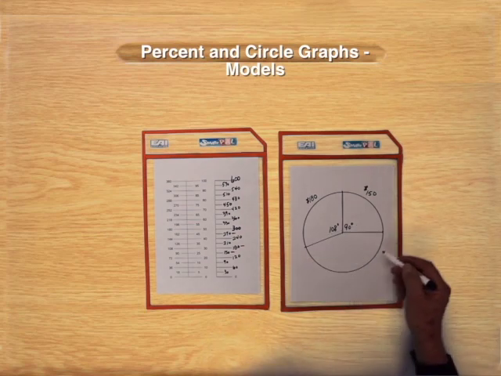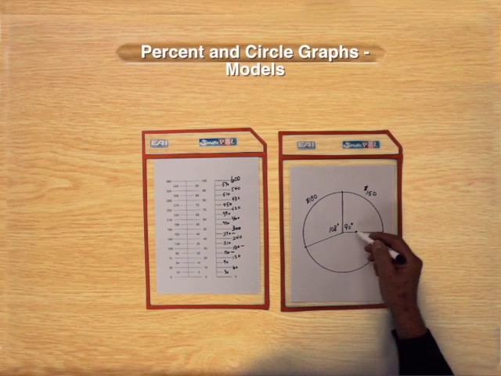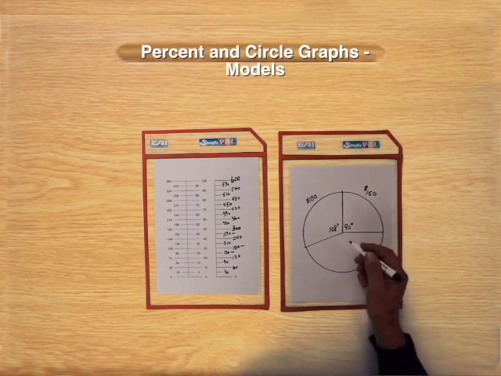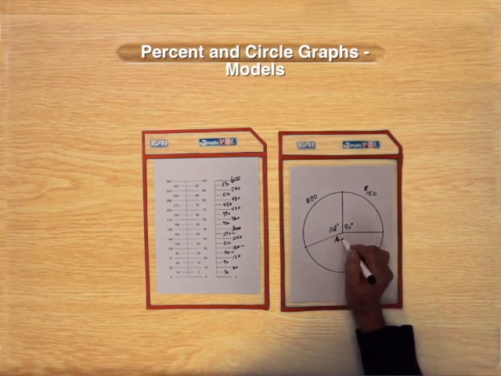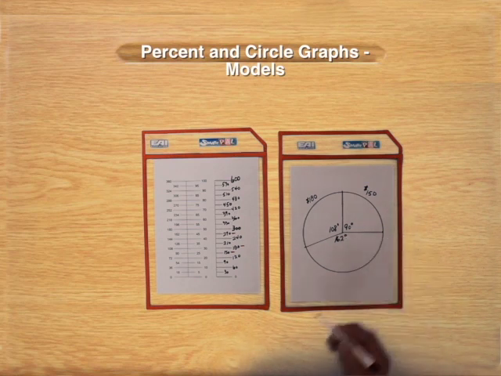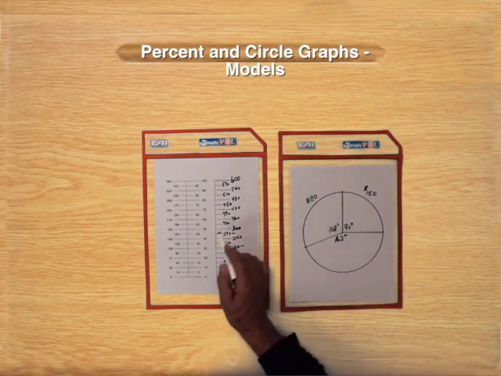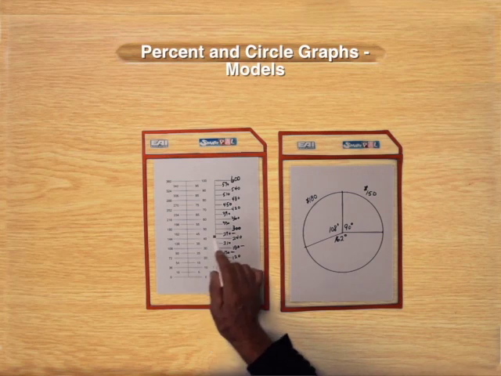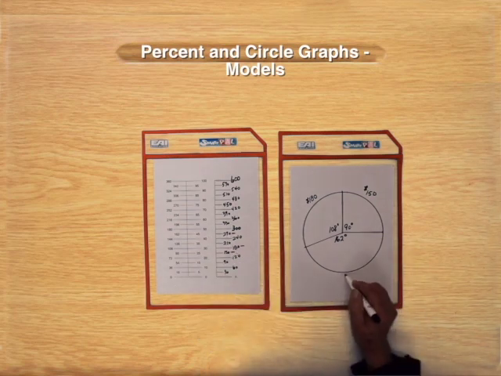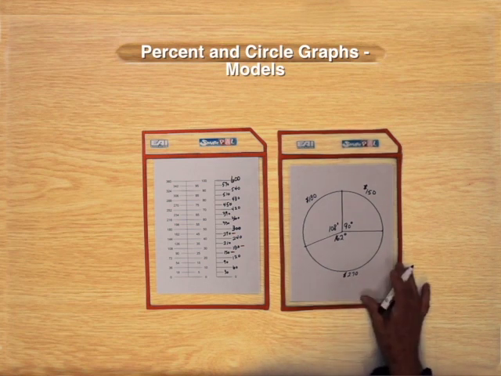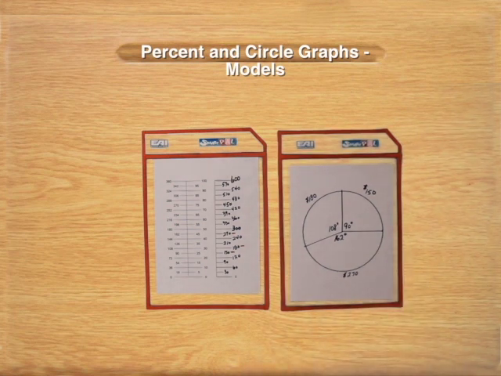So this whole angle right in here is 162 degrees, and this represents $270. And there we have our circle graph for our data.